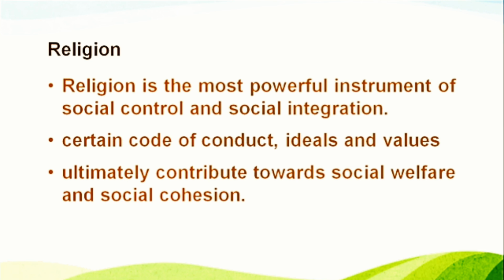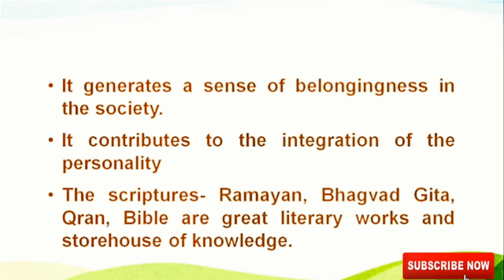We all, being followers of a religion, try to imbibe such qualities which ultimately work for the benefit of society. It generates a sense of belongingness in society. It contributes to the integration of personality. Through our religion, we are very fortunate to have scriptures like the Ramayana, Bhagavad Gita, Quran, Bible, which are great literary works and storehouses of knowledge.